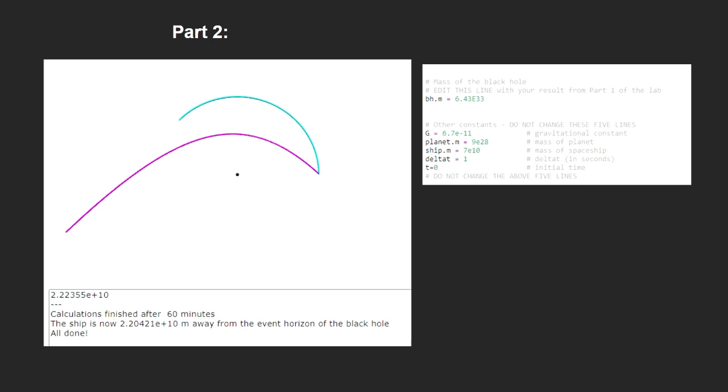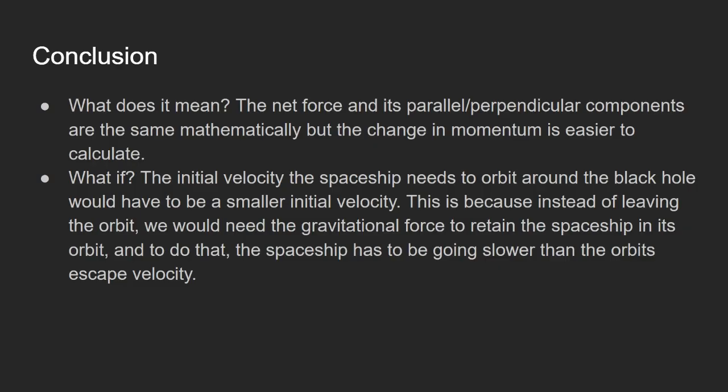You can see in the graph, purple is the spaceship and blue is the planet. So it takes off from the planet using an initial velocity that was calculated. It goes fast enough to leave the planet and not crash into the planet and not get sucked into the black hole. So it has enough escape velocity to keep going.